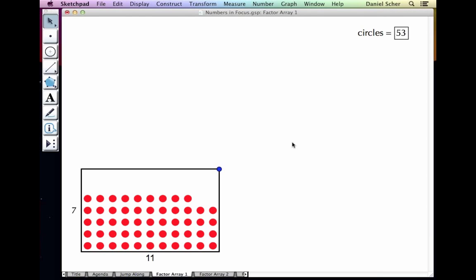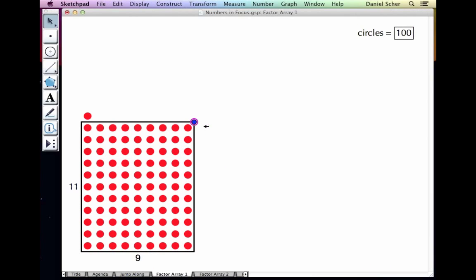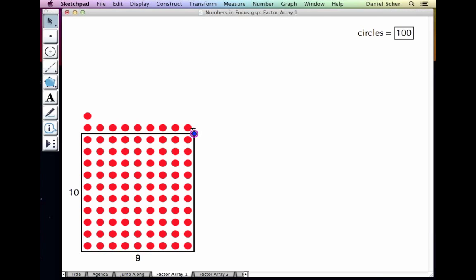What's great about this is you can change these on the fly to different values. If I can change 53, I can make this say 100, and see that I can do things like 10 by 10. Another nice thing we can do with this model when things don't fit so perfectly is to look at what this represents. Here we have an 11 by 9 frame that's enclosing everything except this one dot.